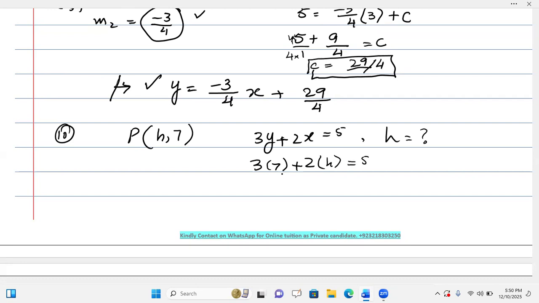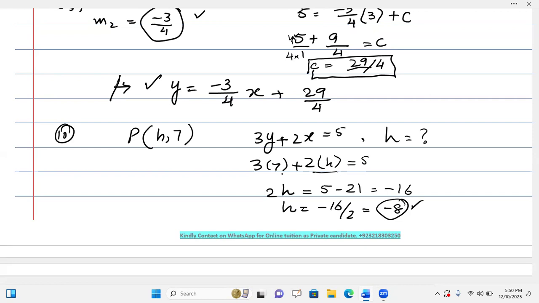Now 2h is staying on this side, and 3 into 7, 21, I am taking to the other side. 5 minus 21 is giving me minus 16, and for making h the subject I will say minus 16 over 2 is equal to minus 8. So this is the way to find the unknown variable.